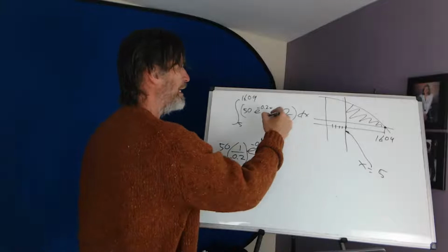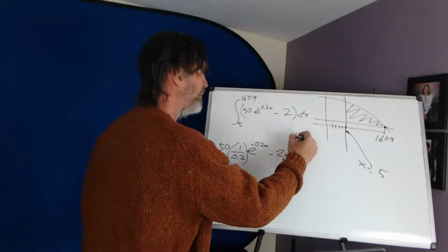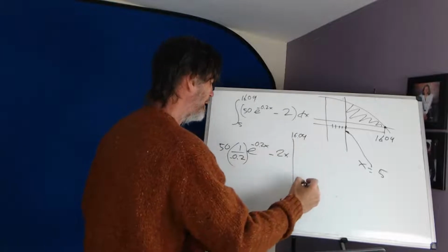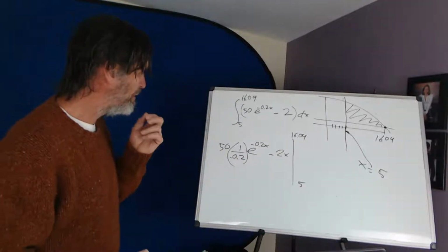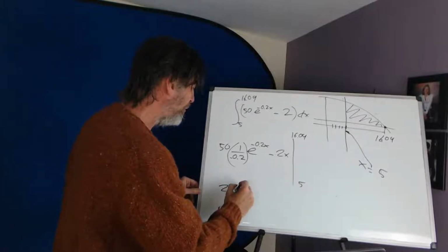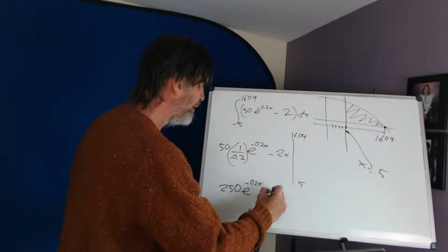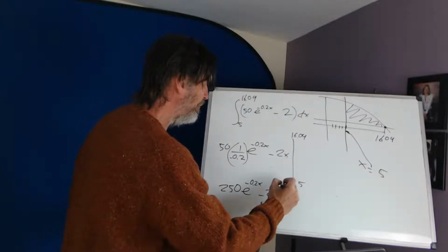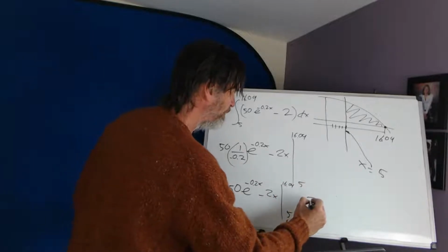And then we'll take the antiderivative of 2, which is 2x. Evaluate that from 16.09 down to 5. Dividing by 0.2 is the same as multiplying by 5. So this should be 250 e to the negative 0.2x minus 2x, evaluated from 16.09 down to 5.